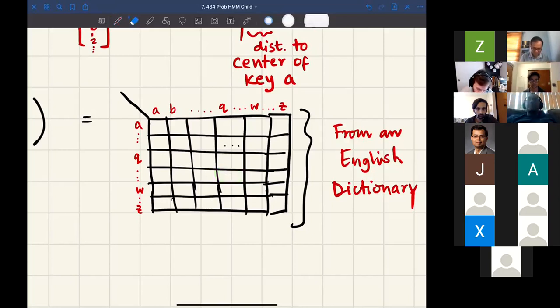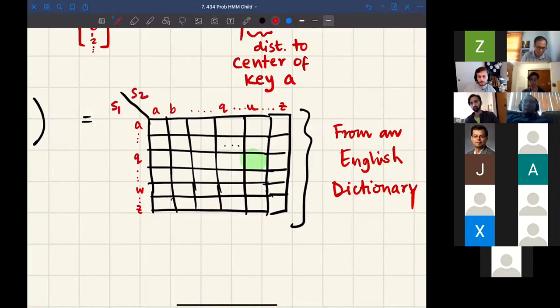Let me delete that. Let me put a U here, somewhere here. I hope you don't get confused. I hope you see the point over here. What I want to say is Q and U, this is a high probability because after Q, there is U. And this is S1, this is S2.